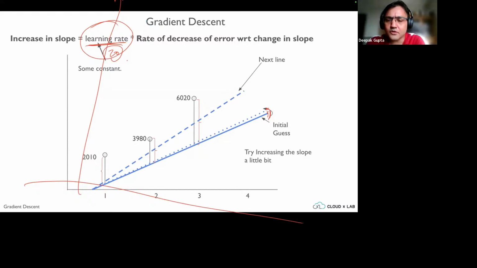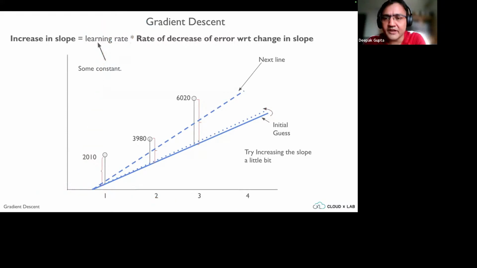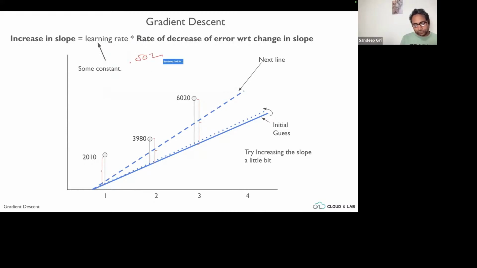So how do we derive the learning rate? I believe we are going to learn it, but whatever the learning rate, it's a random constant. Usually people keep it at 0.02, not 0.002. That's the value that people have figured out.